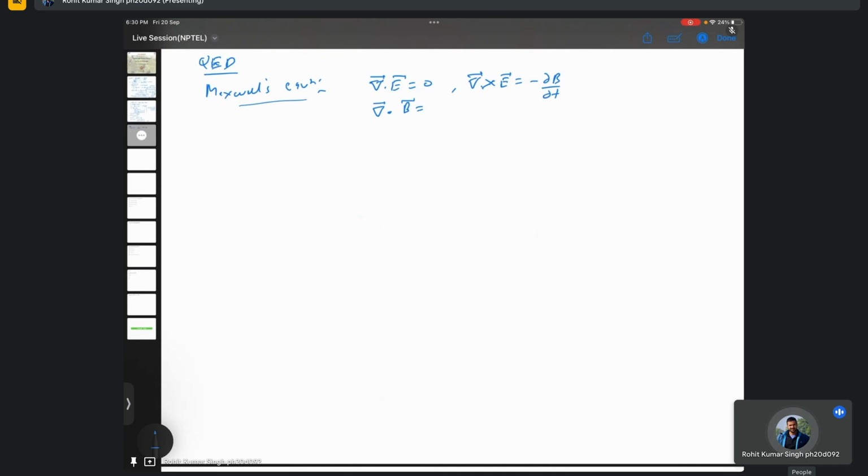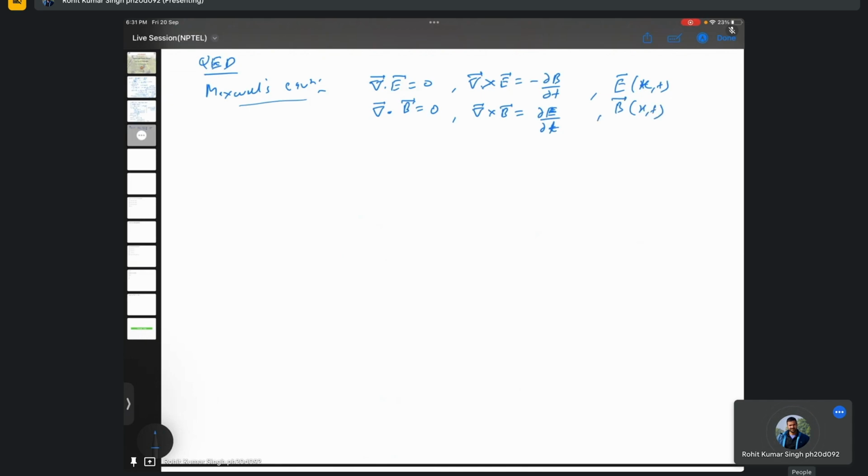This is for free space, so no charge density anywhere, and it is also 0. Then the curl of magnetic field is d by dt of the electric field. So these look very symmetrical, right? Here the electric field and magnetic field are both dependent on space and time.